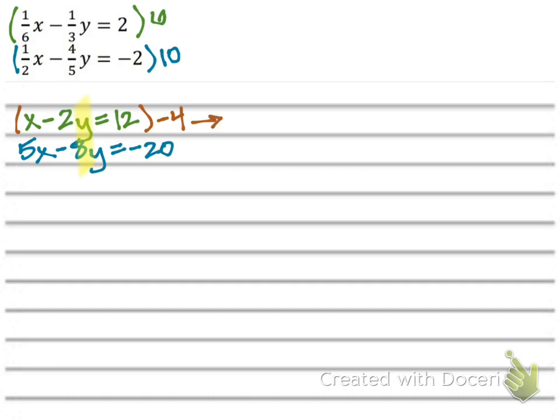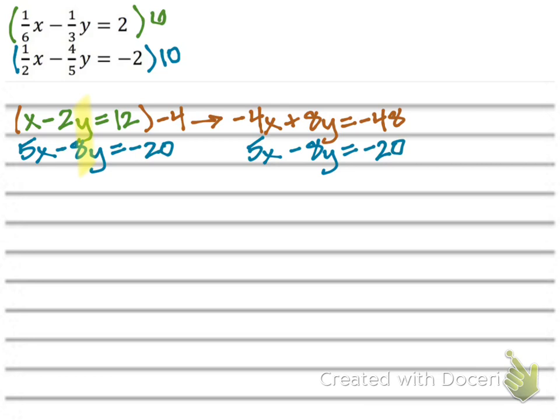So now the top guy is -4x plus 8y is -48. And my bottom guy didn't change, right? I didn't have to do anything to him. So 5x minus 8y is -20.